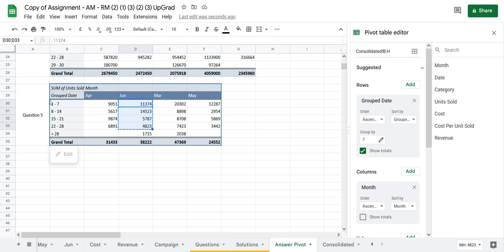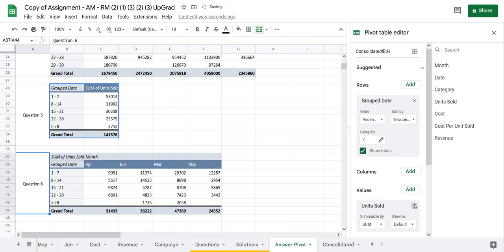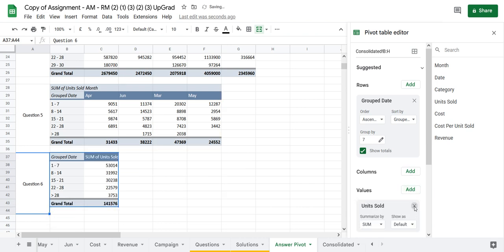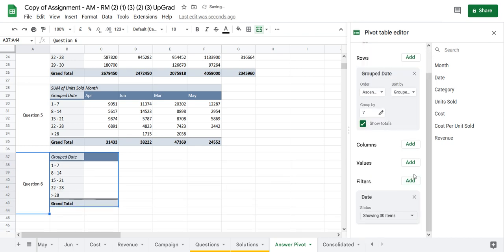I'll again copy this particular pivot and paste it here. So this pivot is for question number 6. Now I'll remove everything from this. I'll just reset this pivot.